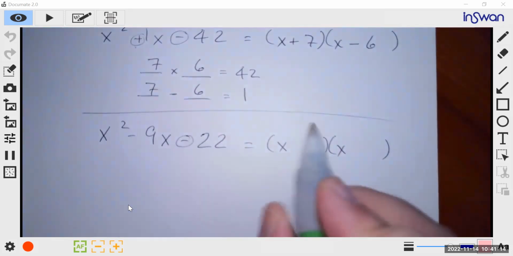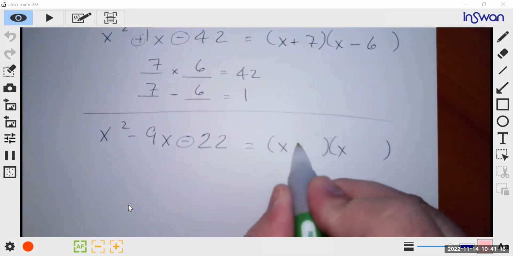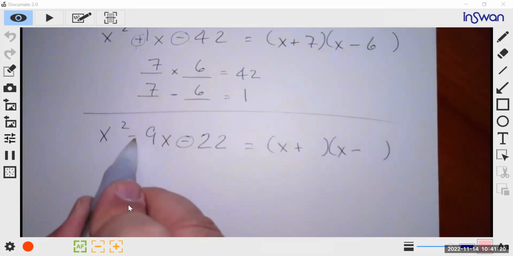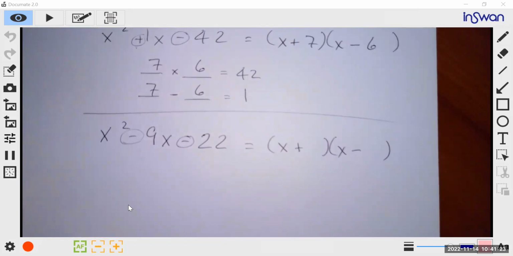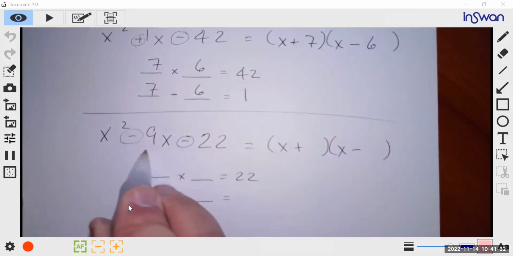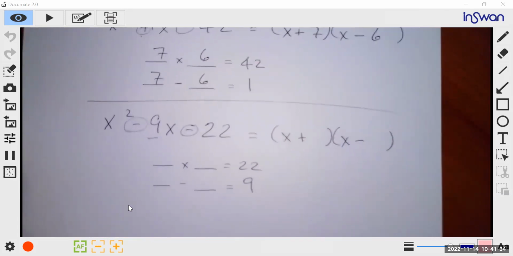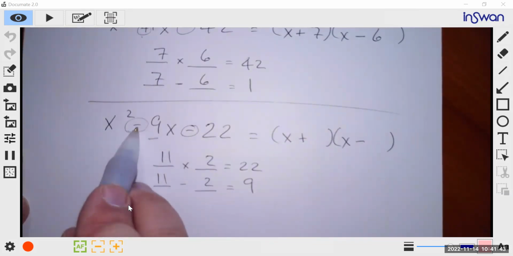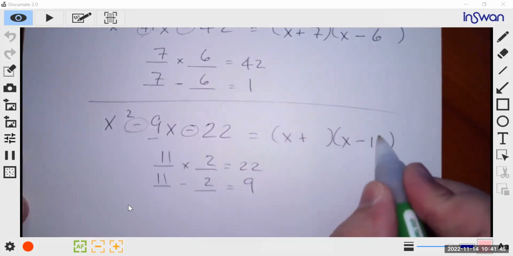They're opposite signs. Since the second sign's a minus, one's a plus, one's a minus. And the bigger number is going to be negative. So what times what equals 22? When you subtract them, you get 9. 11 times 2, 11 minus 2. So since the first sign is a negative, the 11 goes with the negative.